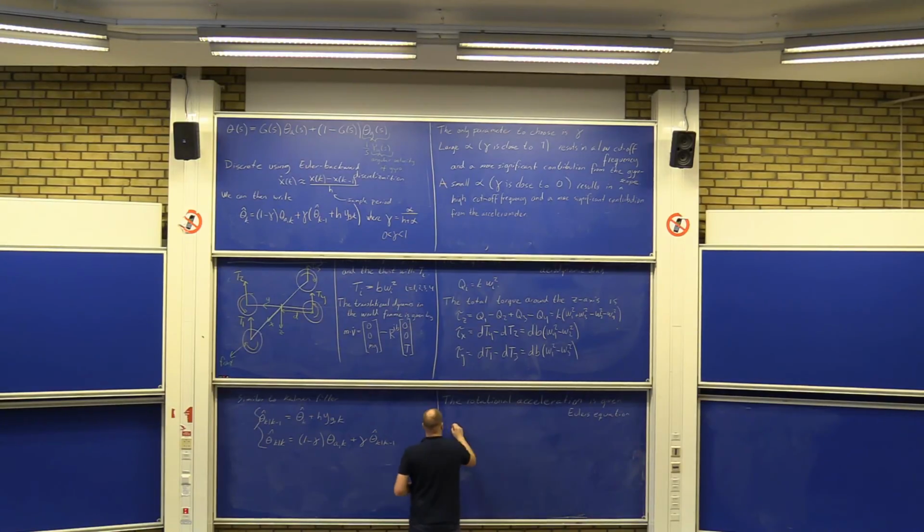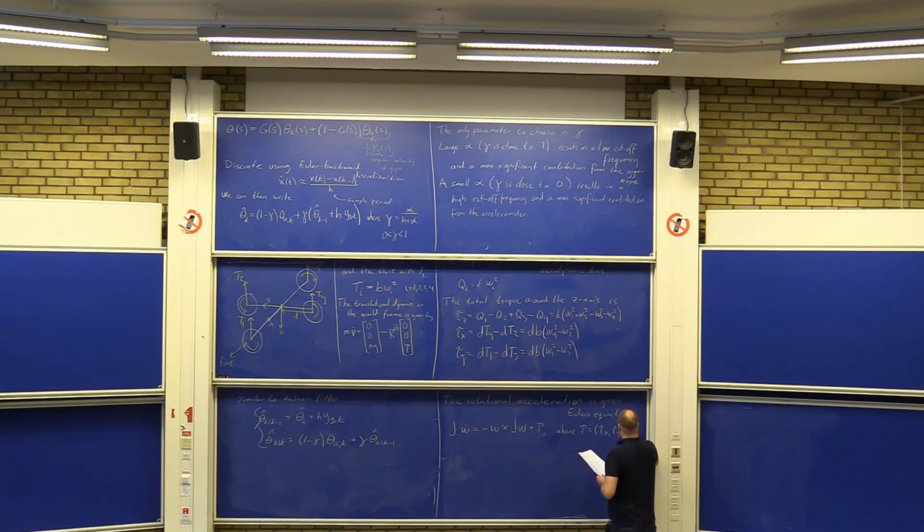So then we have the inertia times the time derivative of the rotational speed omega, equal to minus omega cross the inertia matrix times omega, plus big gamma here, where gamma is the vector tau x, tau y, tau z, which is the torque applied to the airframe.